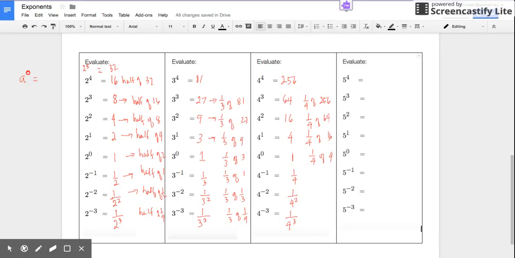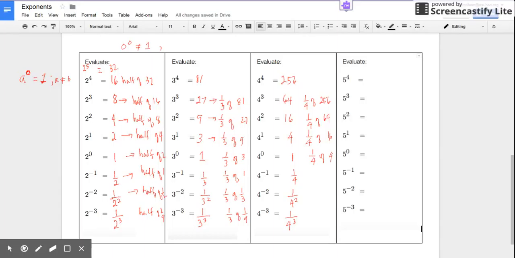So we can have here A to the 0 equals 1. But there's a restriction to this. We say that 0 to the 0 cannot equal 1, although some mathematicians want to think of 0 to the 0 as equal to 1. Okay, we call it undefined. So A to the 0 is equal to 1 whenever A is not equal to 0.